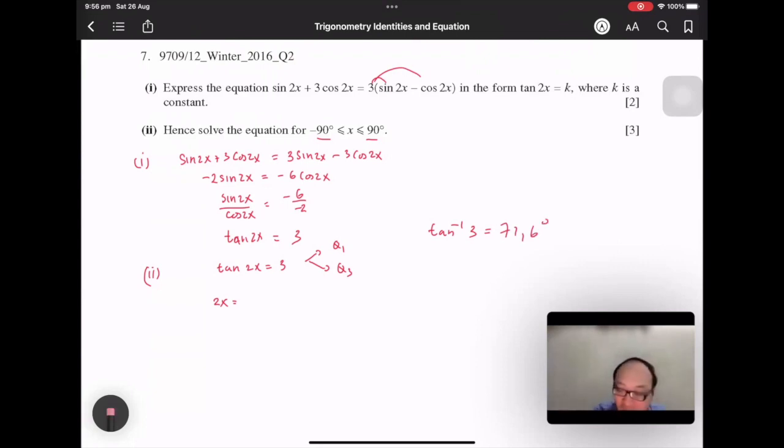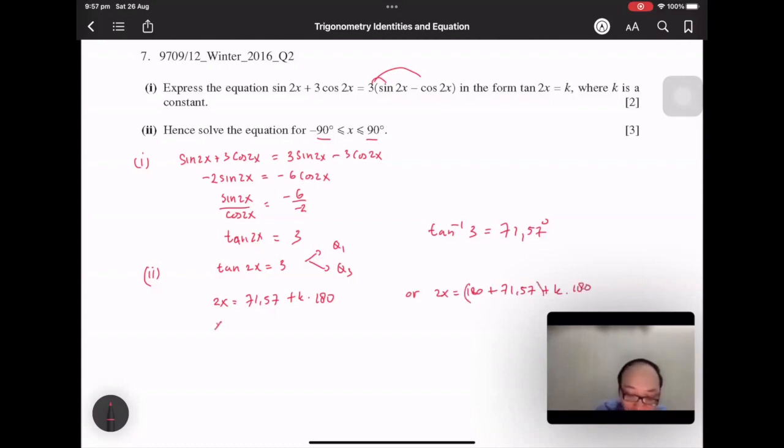Okay, I write it in 2 decimal places, so 71.57. So the first quadrant is 71.57 plus k times 180, the period of tangent. And in the third quadrant, it will be 2x equals 180 plus 71.57 plus k times 180.